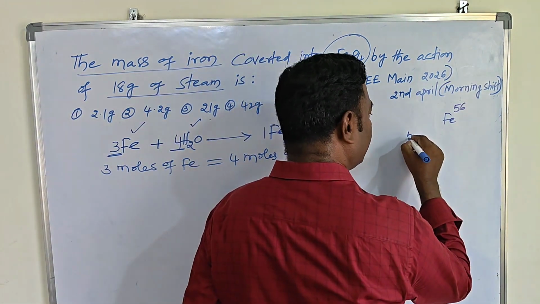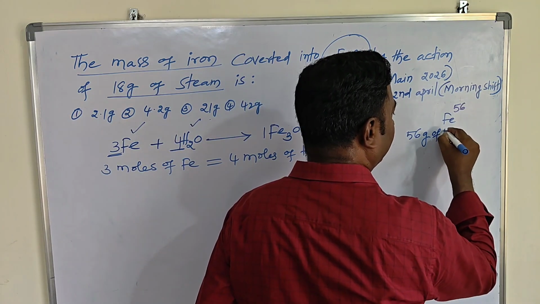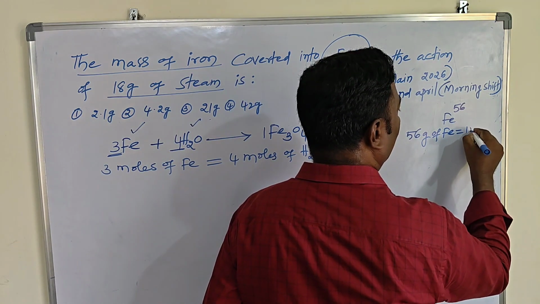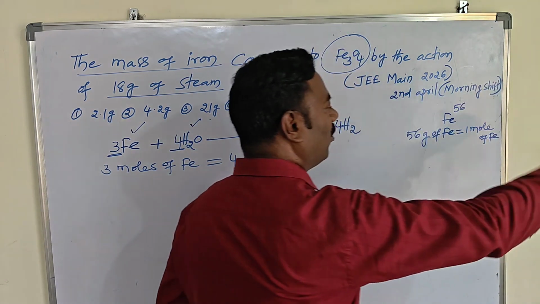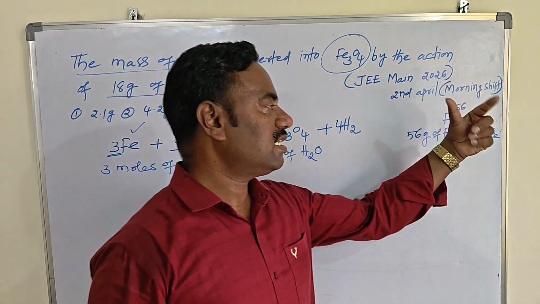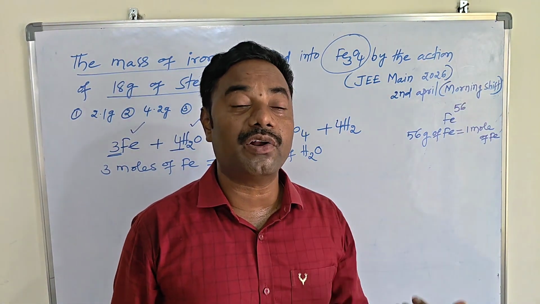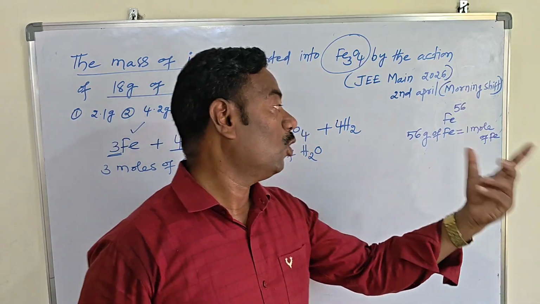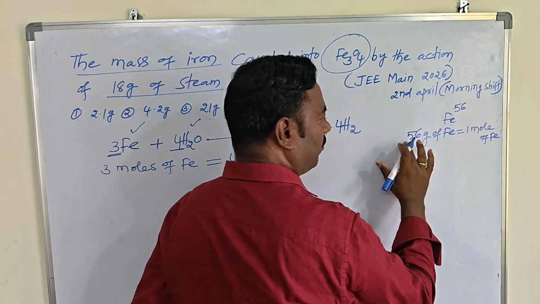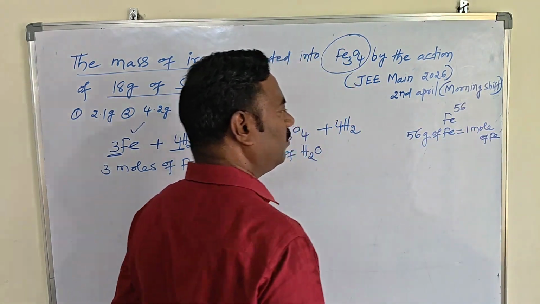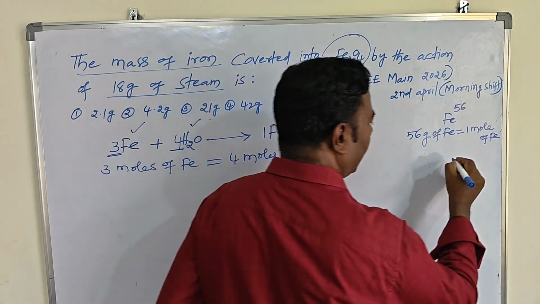That means 56 grams of iron is equal to 1 mole of iron. The mass in AMU contains 1 atom; the mass in grams contains Avogadro number of atoms, so it is equal to 1 mole. In my channel I clearly explained that concept.